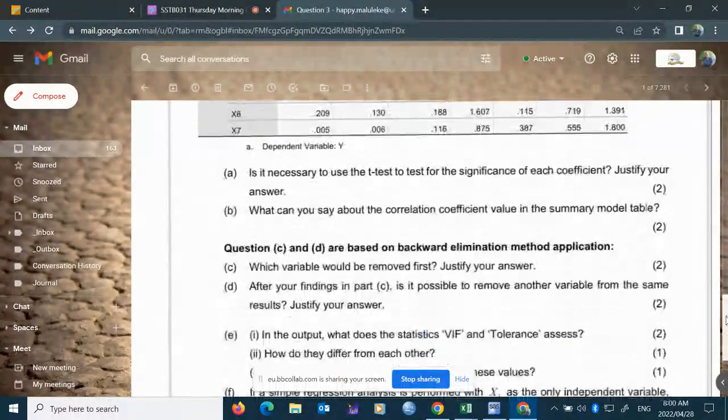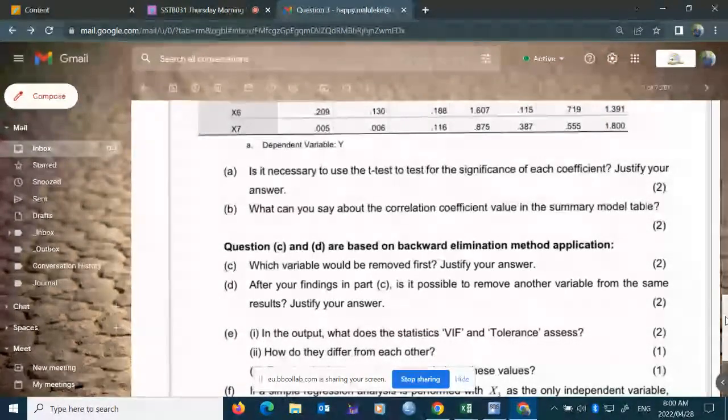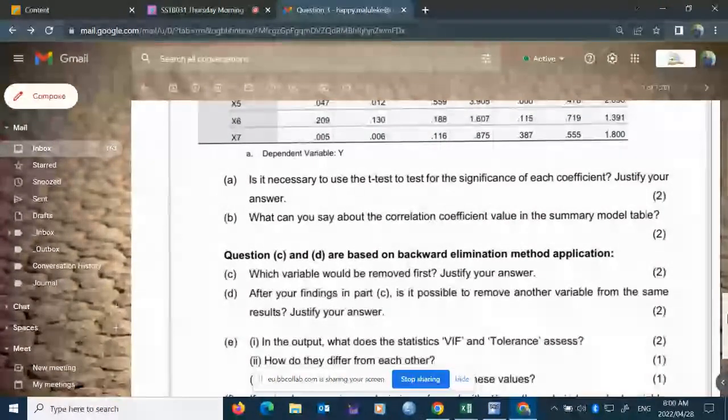And then after you find your findings in part C, check the question, leadership. After your findings at C, after removing that X7, is it possible to remove another variable from the same results? Can you please justify your answer?